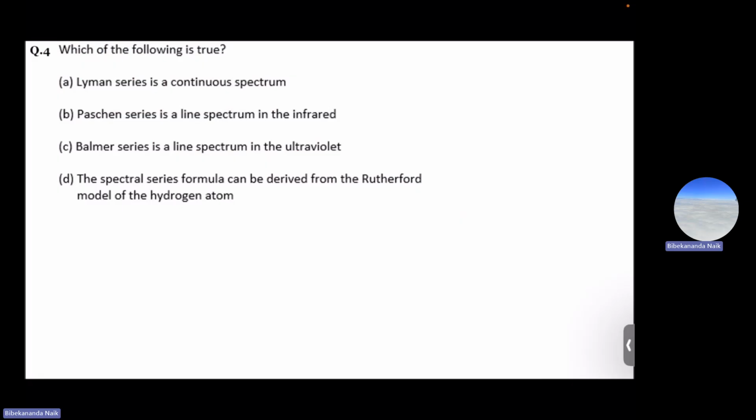So we have to analyze these four sentences and find out which of them is true. Lyman series is a continuous spectrum, Paschen series corresponds to infrared, Balmer series corresponds to ultraviolet, or the spectral series formula can be derived from Rutherford's model of hydrogen atom.